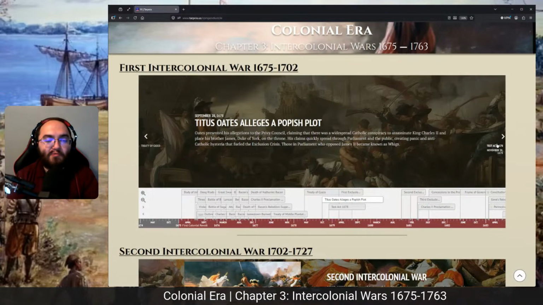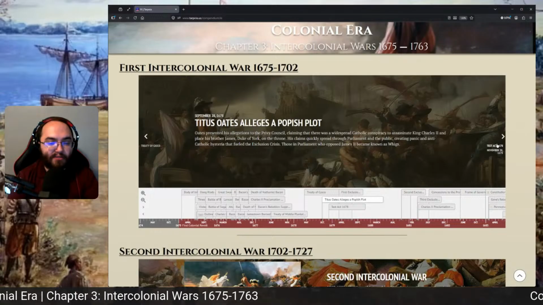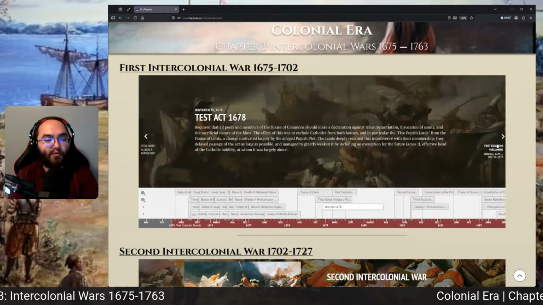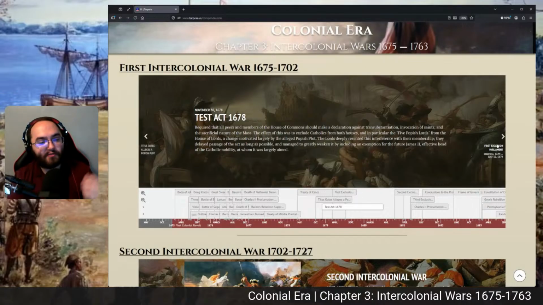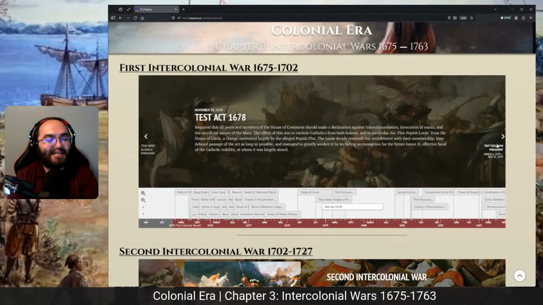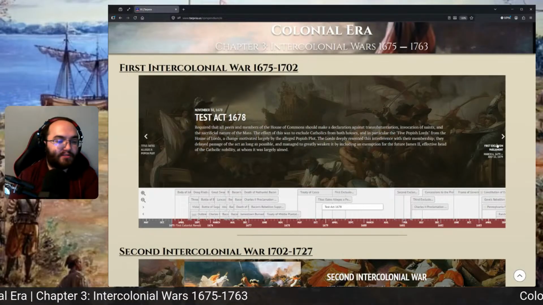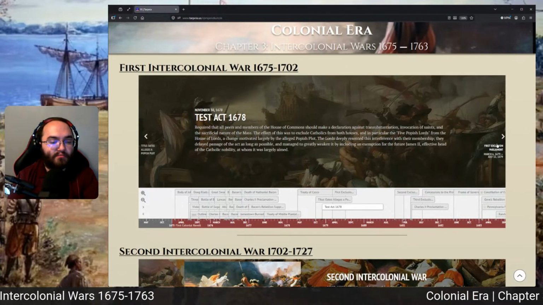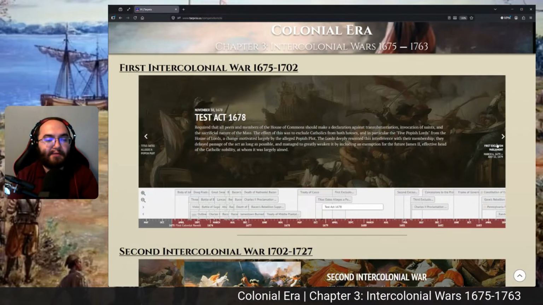And so this begins what's known as the Exclusionary Parliament, and we have some more information about that on the timeline. Because of the fears of the Popish plot, England will pass the Test Act. This is the second Test Act, and the first one was passed during the earlier half of King Charles II's reign.